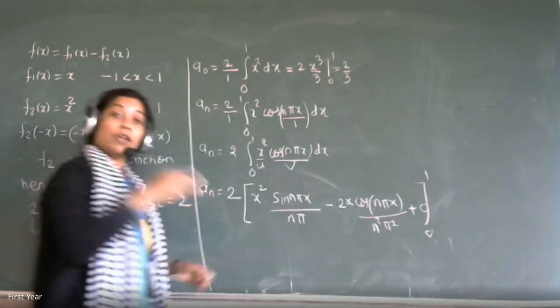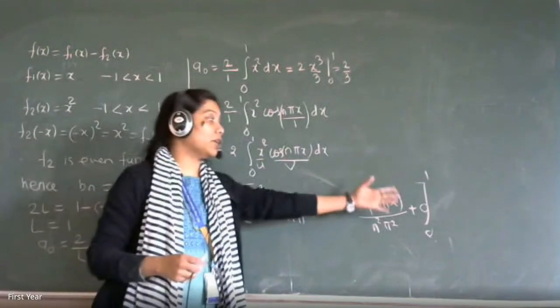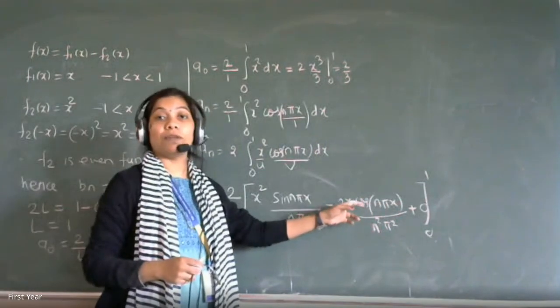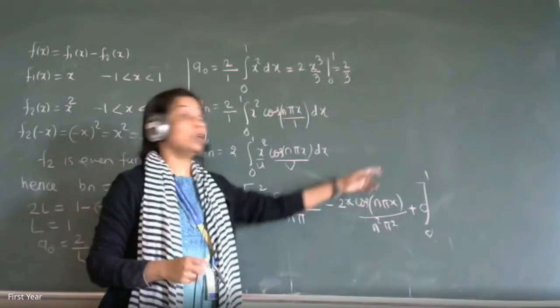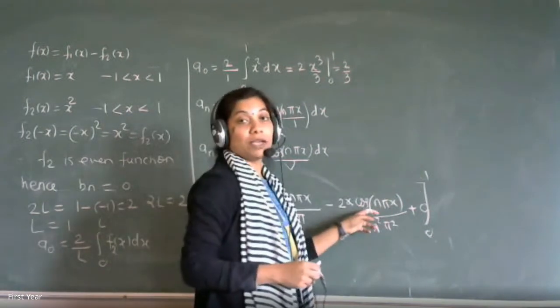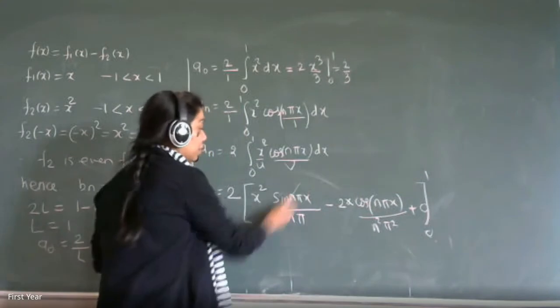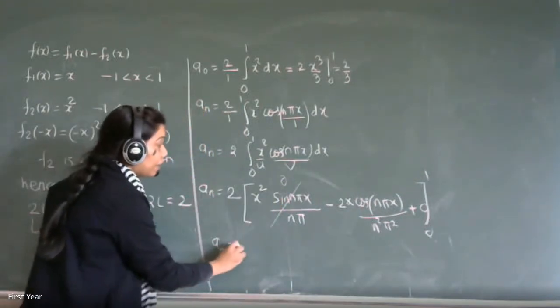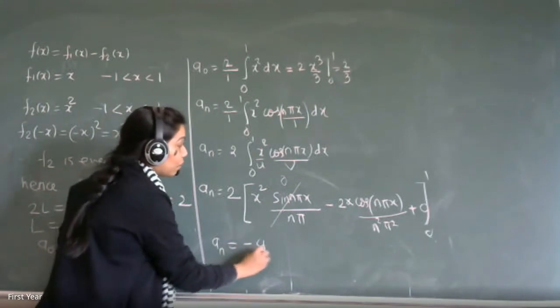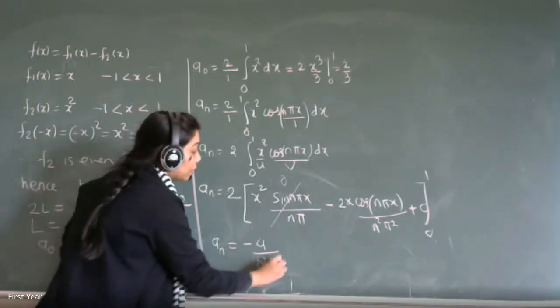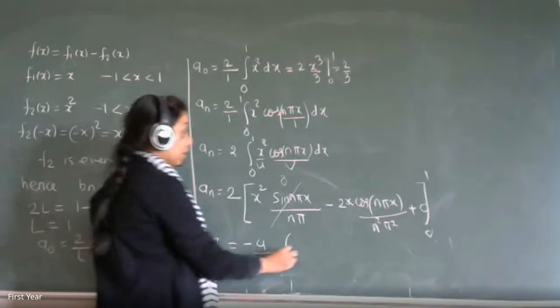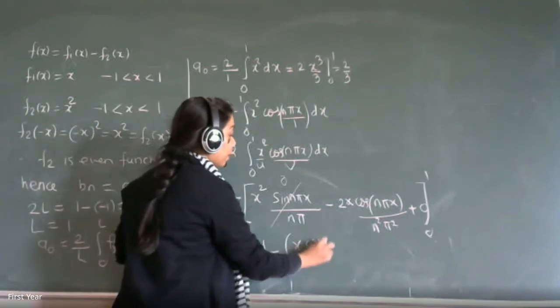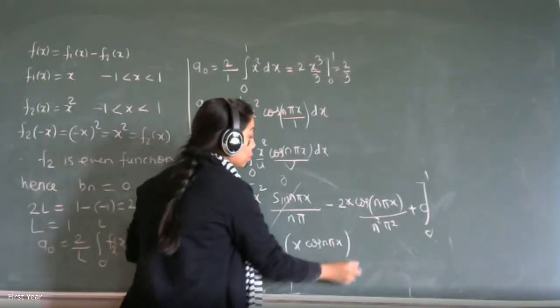You can write the same way in your exams also. The next term will be 0 because one more integration will be sin. In sin, when I put x equal to 1, sin n pi is 0, and sin 0 is 0. Similarly this one is also 0. So only the middle term remains, and therefore an becomes minus 4 upon n square pi square into the bracket x cos of n pi x from 0 to 1.